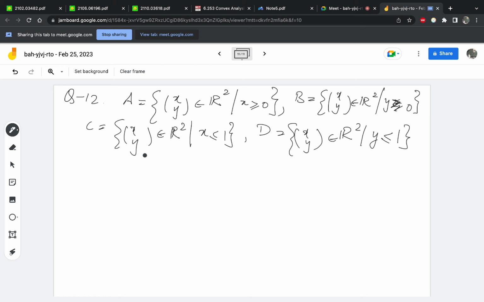So there are a few things we need to try out and verify whether they are true or not. Is A a half space? Is A intersection B a polyhedron?